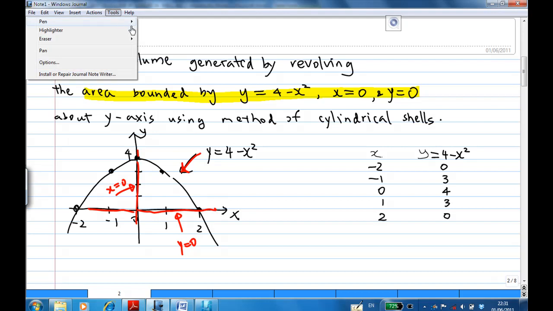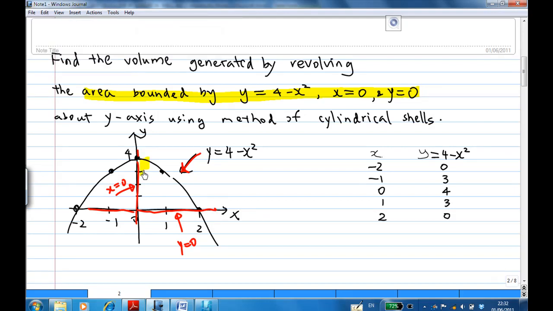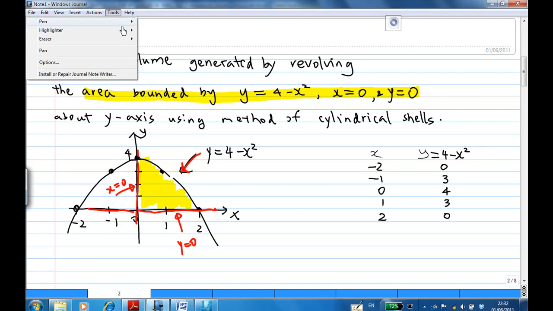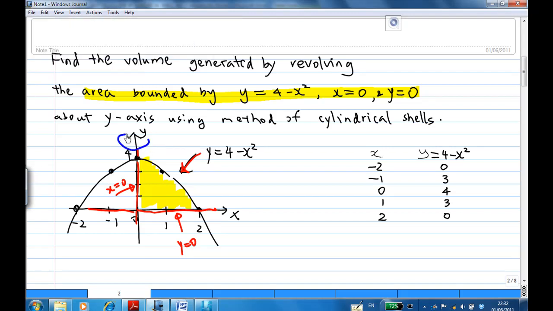So the area we are interested in is this portion of the area, and this portion of area is going to revolve about the y-axis. And we are interested to find the volume of this by using the cylindrical shell method.